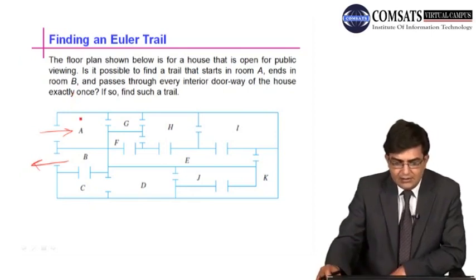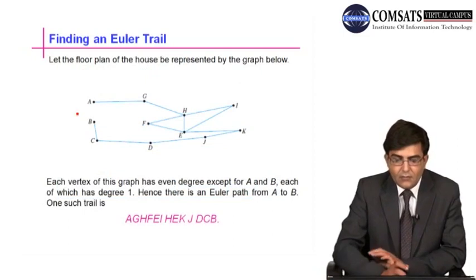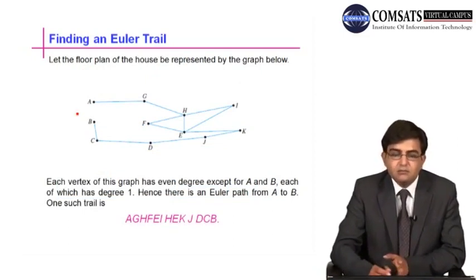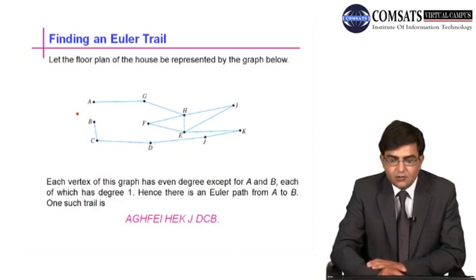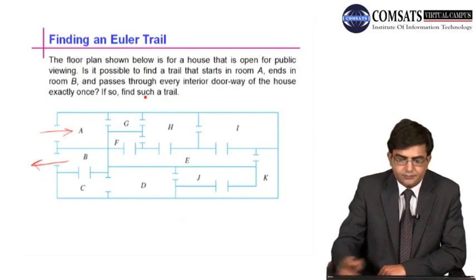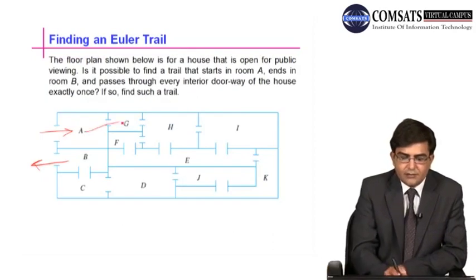So this is basically the graph which represents all the possible entries and ways of the floor plan of that museum or a park. Here the person can go from A to G, because there is a door here.